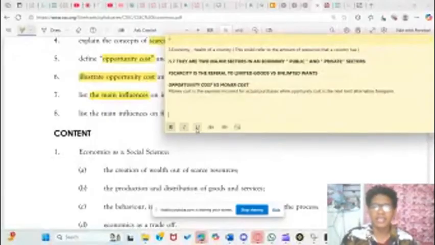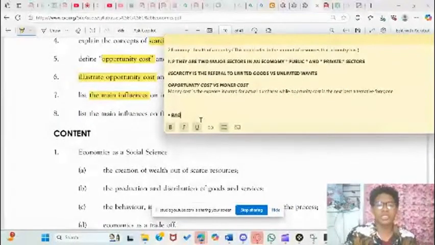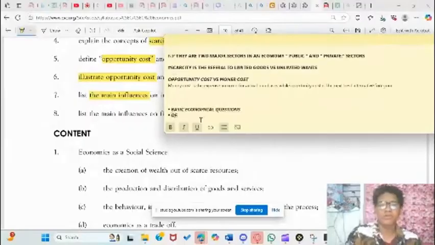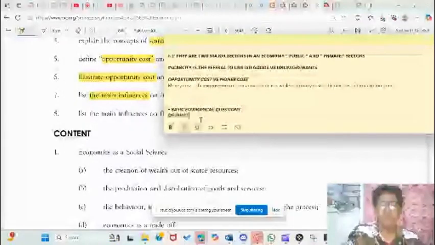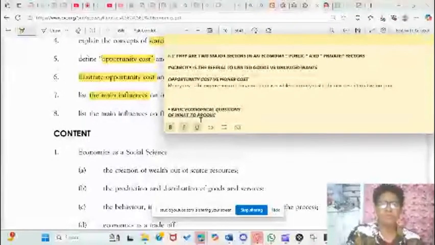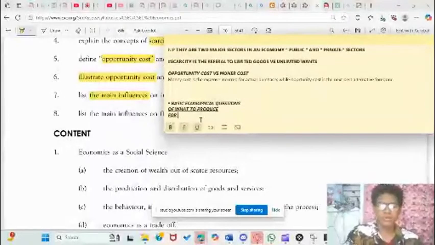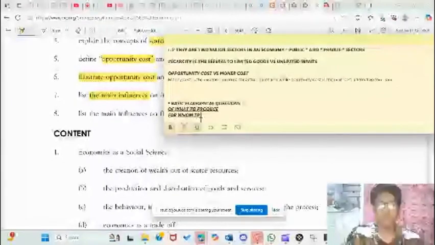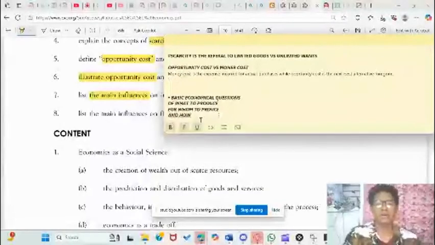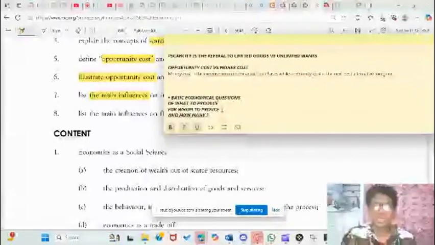Basic economical questions of what to produce, for whom to produce, and how many. So this is basically the three fundamental questions.